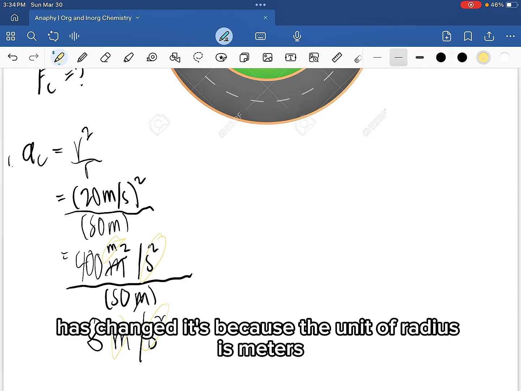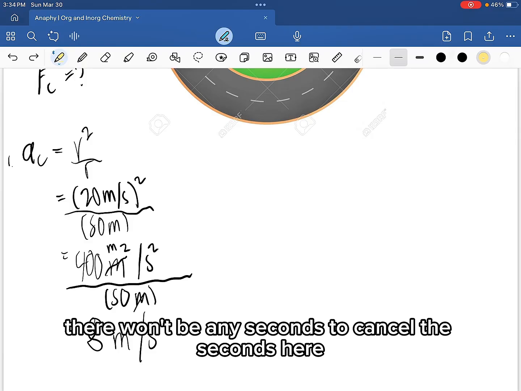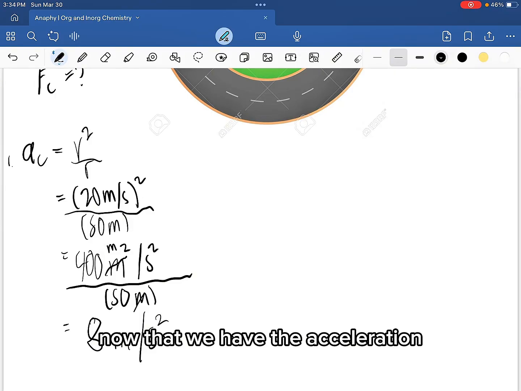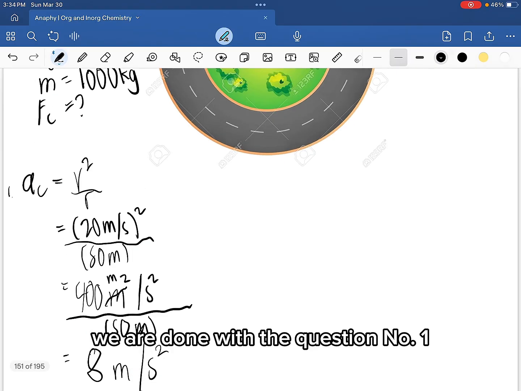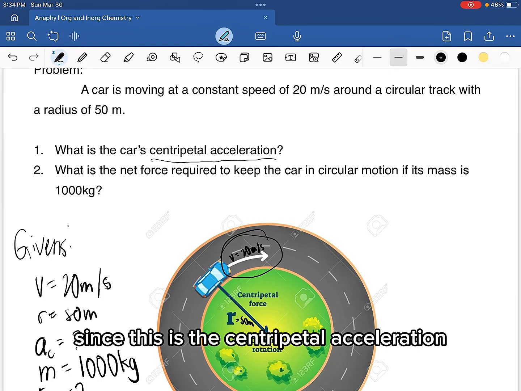It's because the unit of radius is meters and not meters per second. Therefore, there won't be any seconds to cancel the seconds here, if you get what I mean. Now that we have the acceleration, we are done with question number 1, since this is the centripetal acceleration.